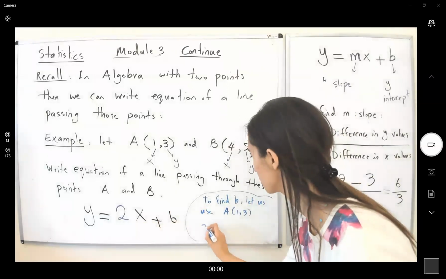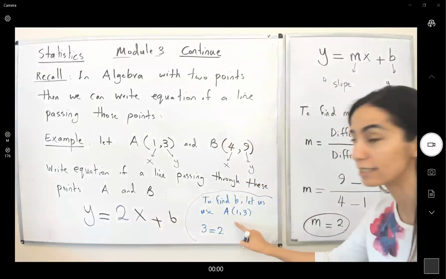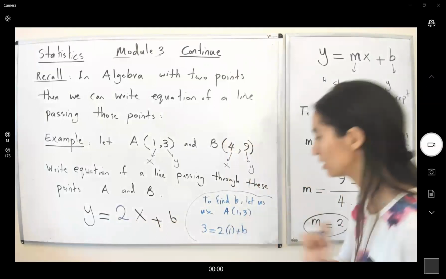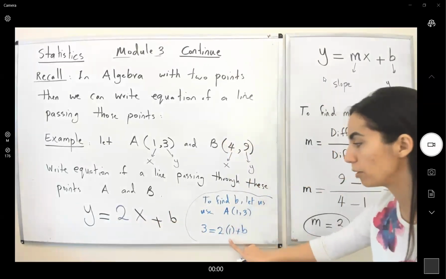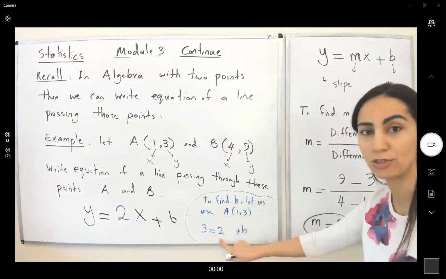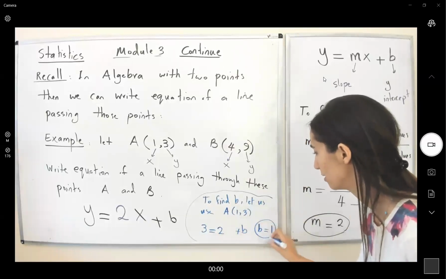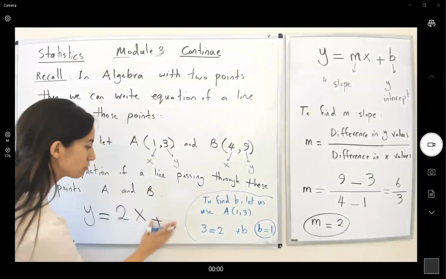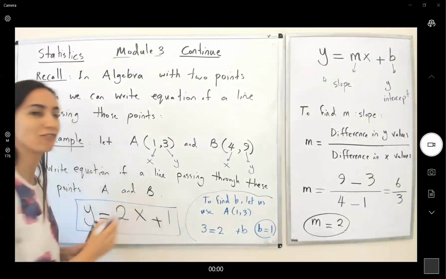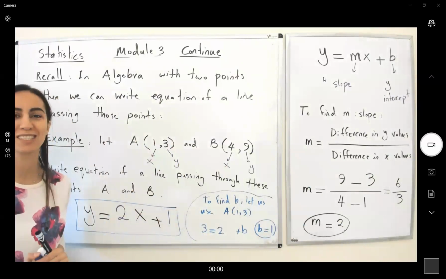So 3 is equal to 2 times, what is your x in this special case? Your x is equal to 1, plus the missing value b. So 2 times 1 is just 2. 3 minus 2 is equal to 1, so b is 1. Very well, I found my b. I'm going to write it here. And this is the equation of the line passing through these 2 points.